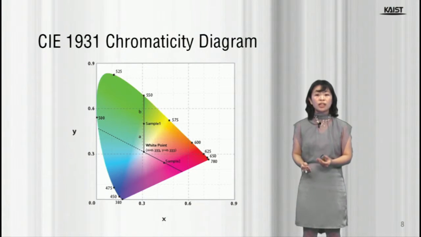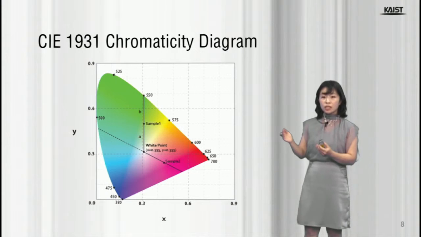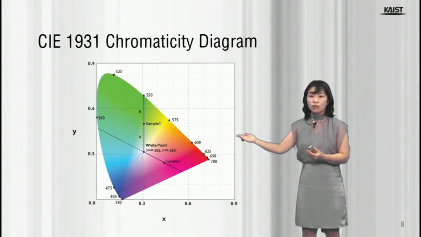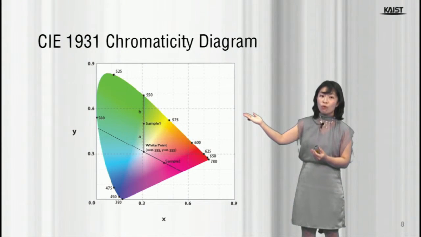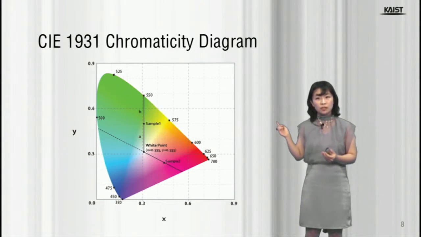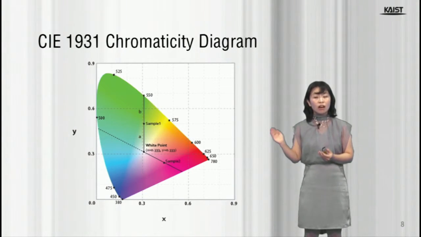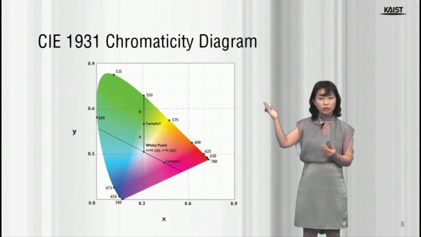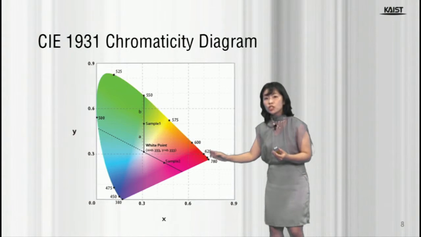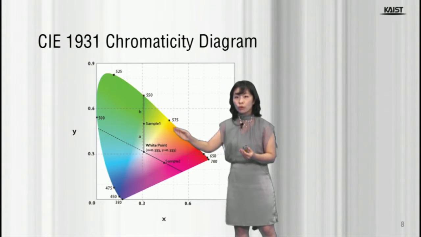Secondly, the purity is approximately 50% because the distance from the white point is almost halfway to the border. Therefore, the purity of sample 1 reaches approximately 50%, and the purity of a color can reach up to 100% when the colors are positioned along or anywhere on the borderline.